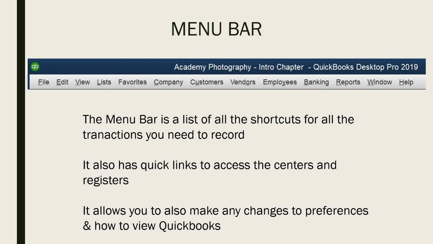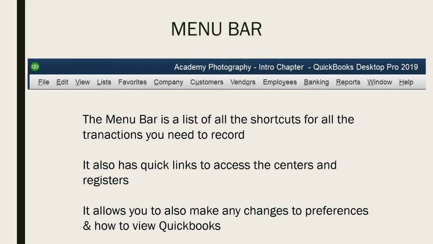When you tap on that, it's going to give you a drop-down menu of exactly what transactions you're going to be doing. For example, I received a bill from a vendor. I'm going to tap vendor from the menu bar, and it's going to give you a list: what kind of transaction are you dealing with when you're dealing with a vendor?